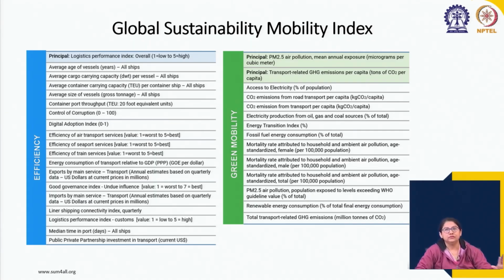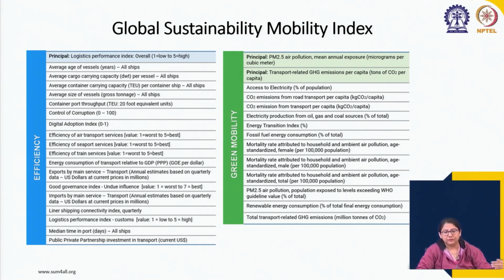The other indicators are the supporting factors which lead to adoption of cleaner means of energy, such as access to electricity, which is measured as the percentage of population who have that access, the carbon dioxide emissions in relation to road transport per capita, carbon dioxide emissions for overall transportation per capita, the electricity produced from oil, gas or other coal based sources, the energy transition index, fossil fuel energy consumption, and mortality rate which is attributed to household and ambient air pollution, age standardized for female, for male and for all other groups included.